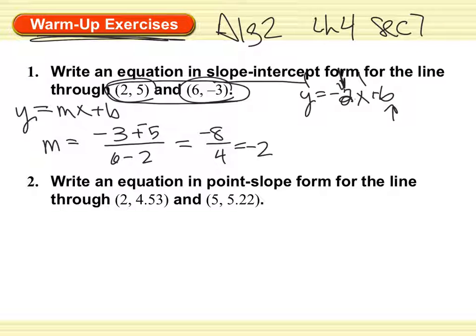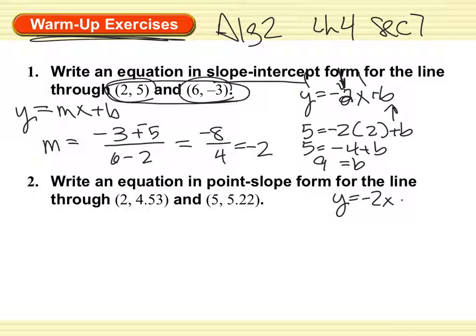So we're going to do (2, 5). So 5 equals negative 2 times 2 plus b. 5 equals negative 4 plus b. Add 4 to both sides. b equals 9. So now I have my equation: y equals negative 2x plus 9. All right, there we go. That's for this problem, right?